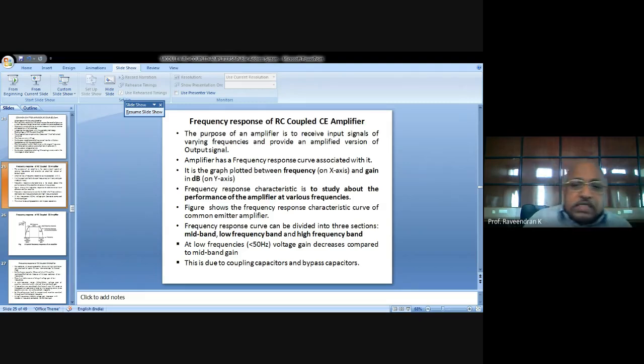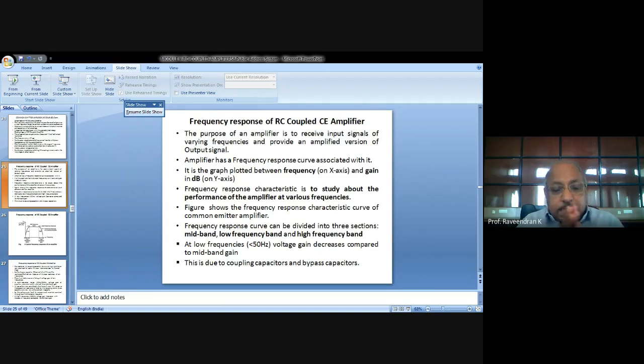So at low frequency ranges less than 50 Hz and high frequency ranges greater than 20 kHz, we have seen that the voltage gain of the amplifier is getting reduced slowly. And between the mid frequency region or mid band frequency region, that is the region between 20 Hz and 20 kHz, or 20 Hz and 50 kHz, or 20 Hz and 30 kHz, that are all usually called the audio frequency range, the voltage gain is almost constant.